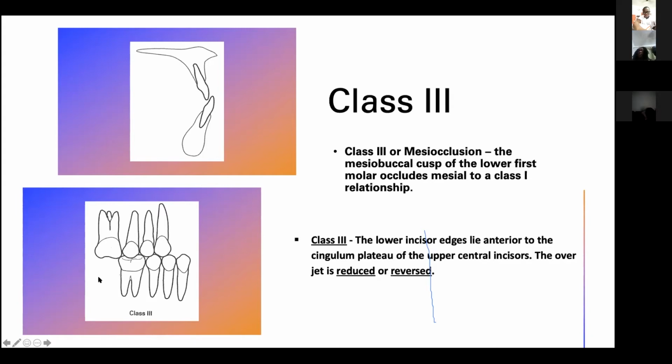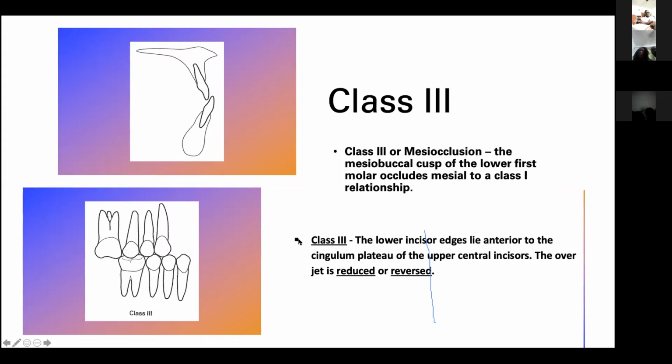But when we come to class 3, the lower first molar is occluding with the upper second premolar. So this is essentially telling us that automatically we can see that the lower mandible is protruding forward.